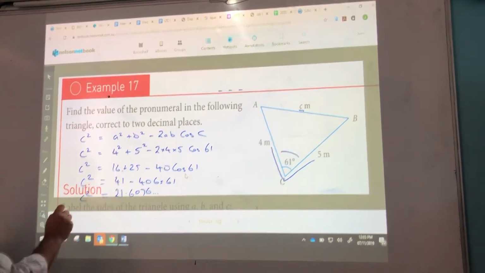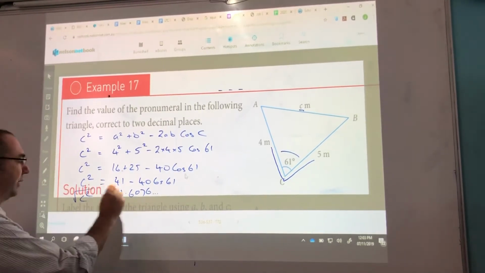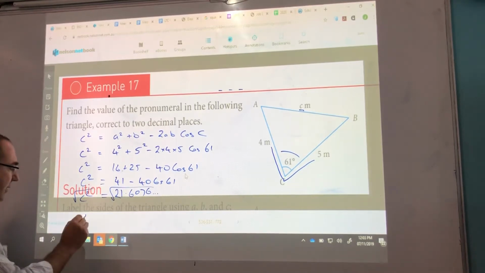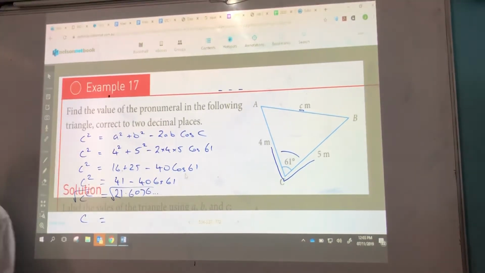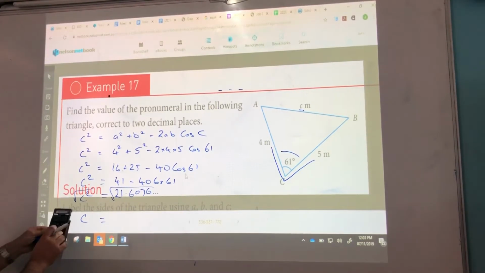So what's c equal? Well, we need to take the square root of both sides. So c will be equal to the square root of 21.6076. So let's do that. Low battery, let's see if that works.